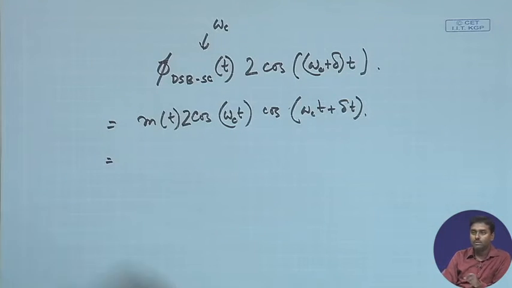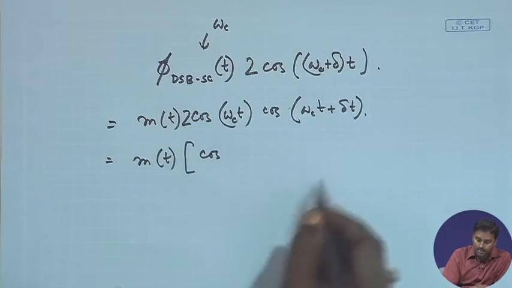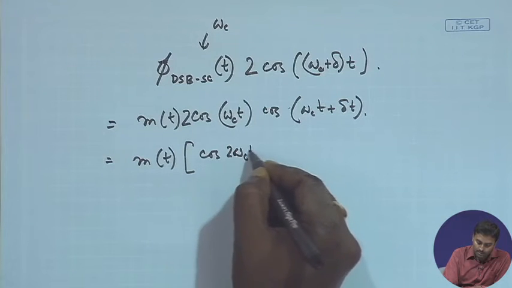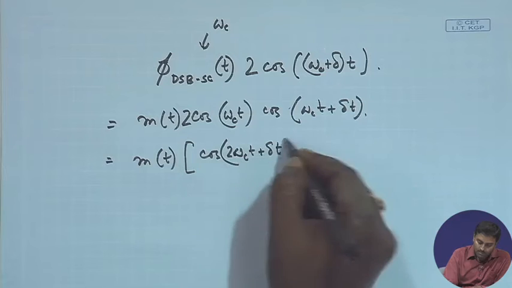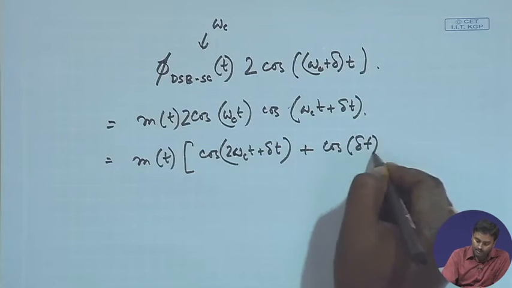Again I will use cos a into cos b, so it should be m(t) times cos (a plus b), that is 2 omega c t plus delta t, plus cos delta t.